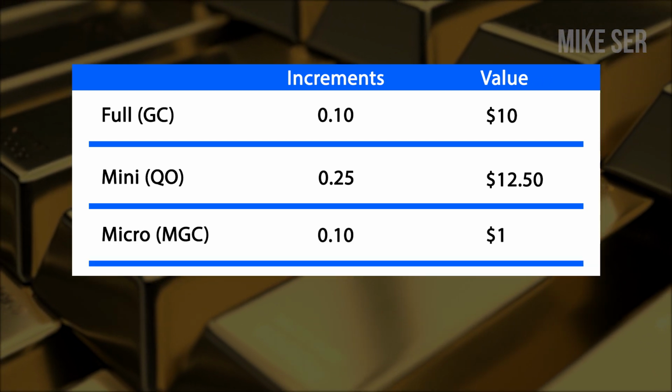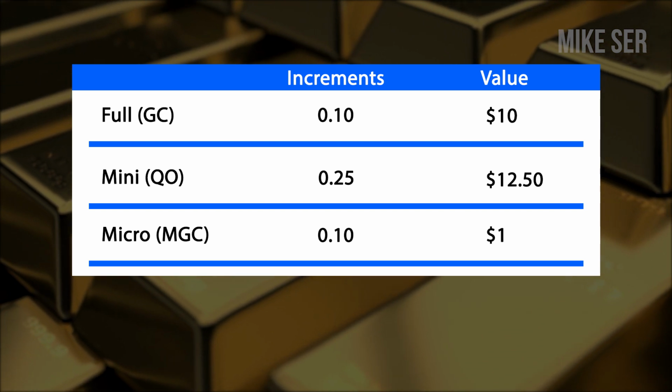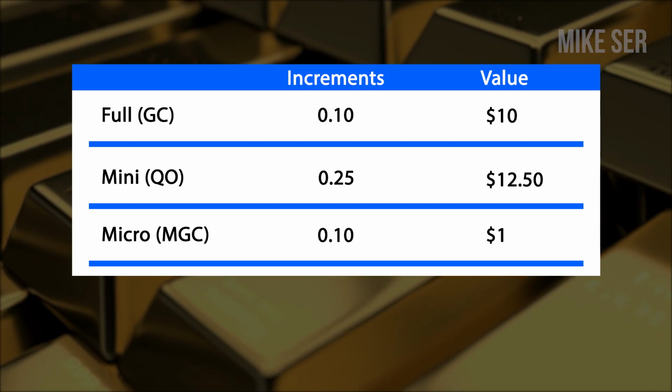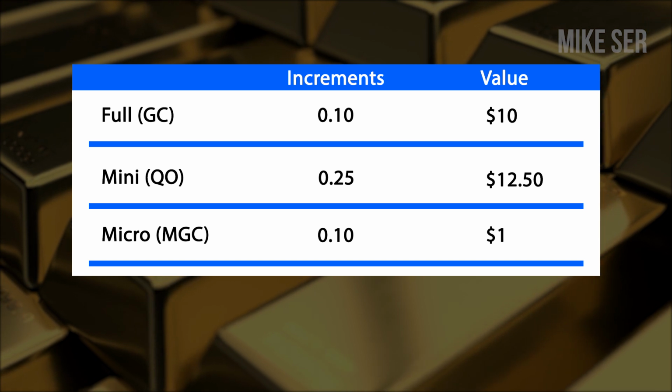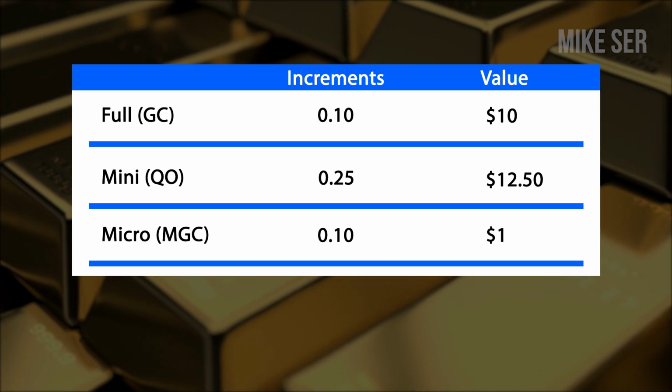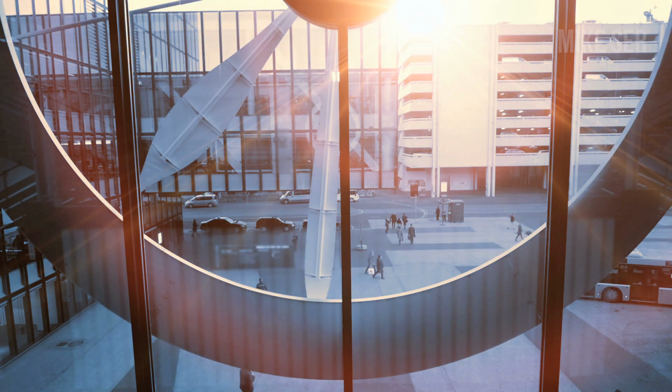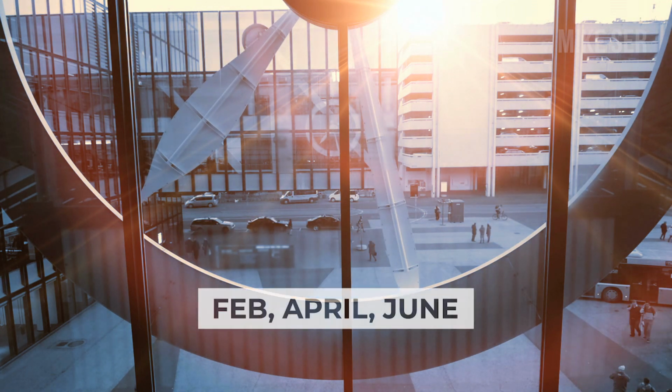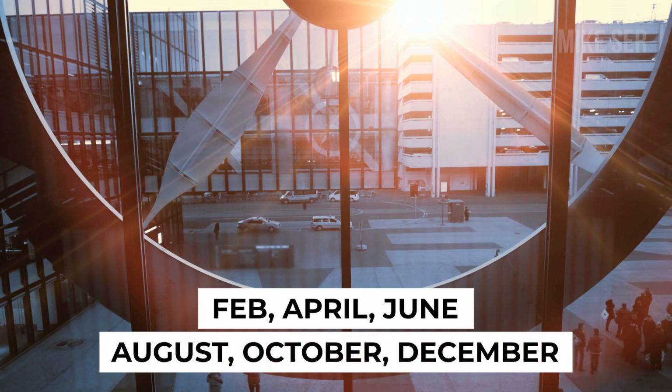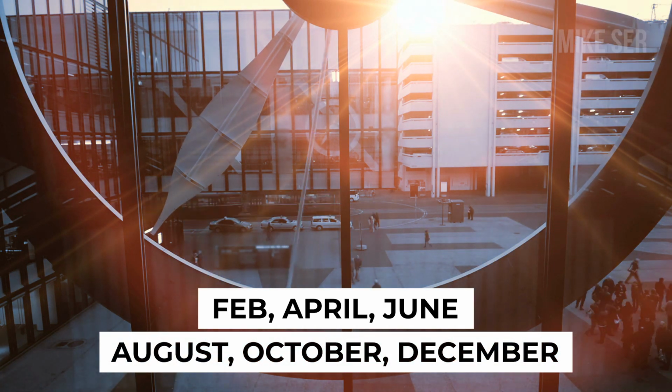The micro-size contracts are traded in 0.10 increments, so each 10 cents change has a monetary value of $1. Lastly, the contracts expire every other month, starting at the end of February, April, June, August, October, and December.